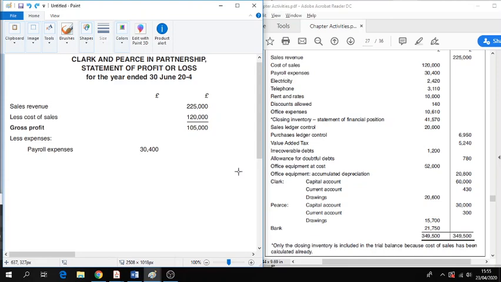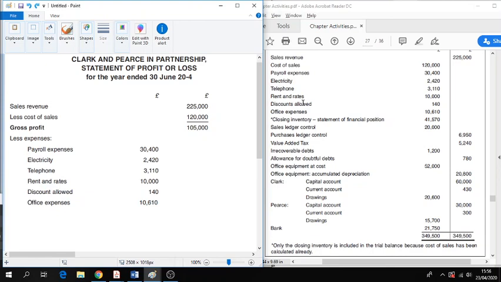So we have payroll, and I'm assuming we're going to go in order of these. So pretty much all of these are your key expenses there. So we have payroll, electricity, telephone, rent and rates, which is over there, discounts allowed, and office expenses. Okay, so there are no accruals or prepayments or anything like that in this question, which does make it quite simple.